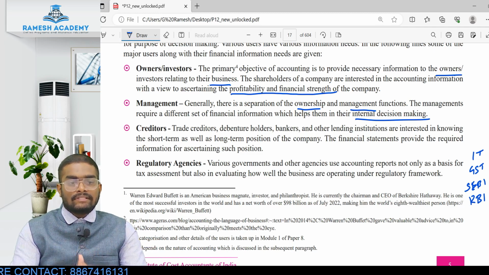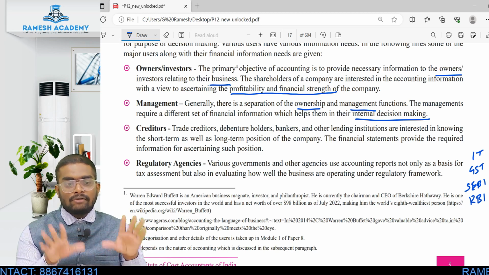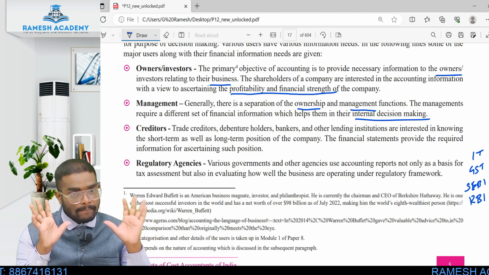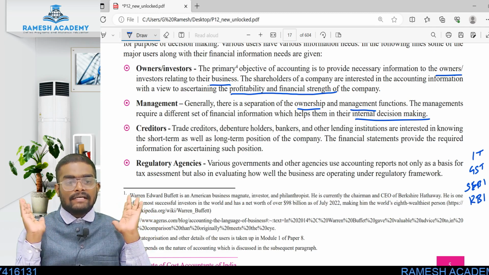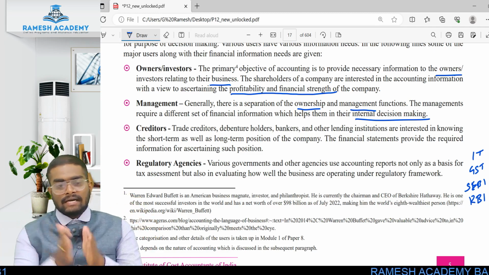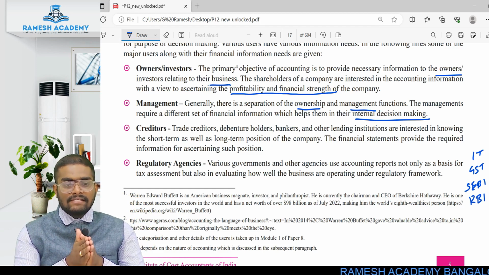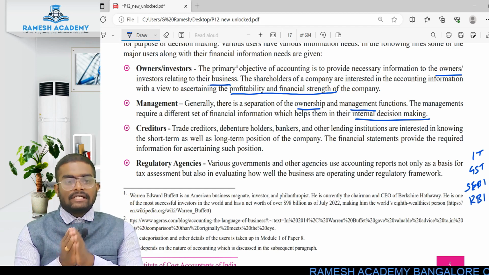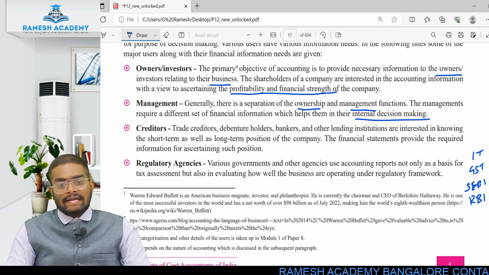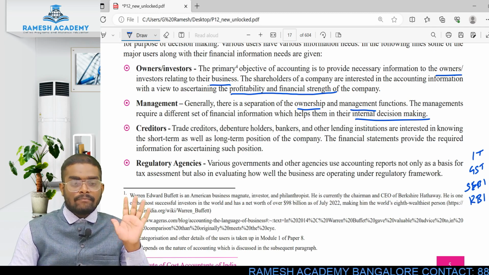So SEBI will check whether the accounting of a listed company is as per the standards. SEBI will be having certain standards. The companies listed on the stock exchanges have to follow the SEBI guidelines. That's the reason these are more interested.